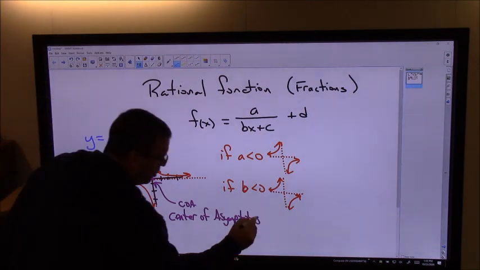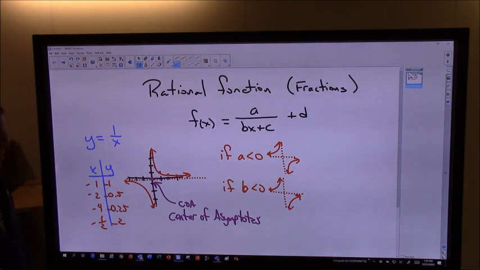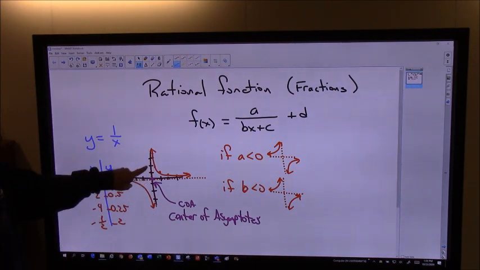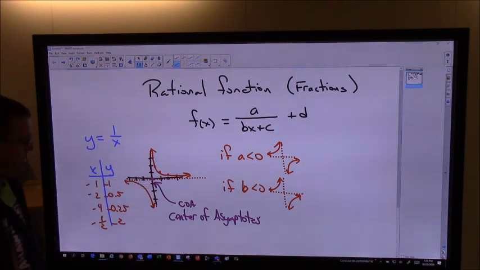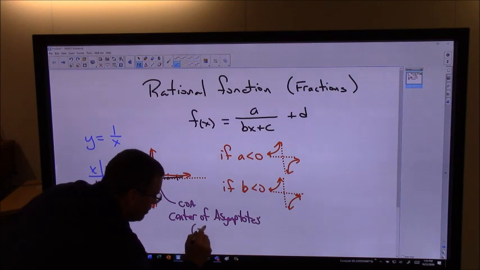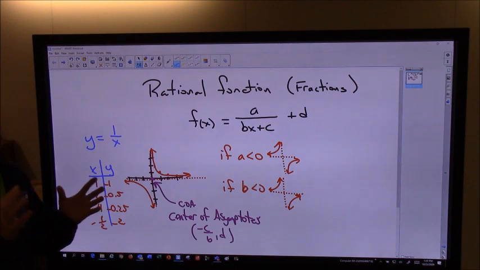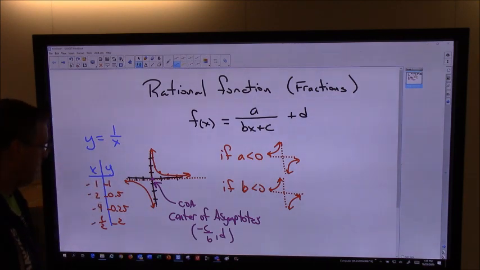Okay, asymptotes is how you pronounce that. So the place where those two asymptotes cross, that's our key point. And it's going to be at negative C over B comma D. We know that point has to come into play somehow. That's it.